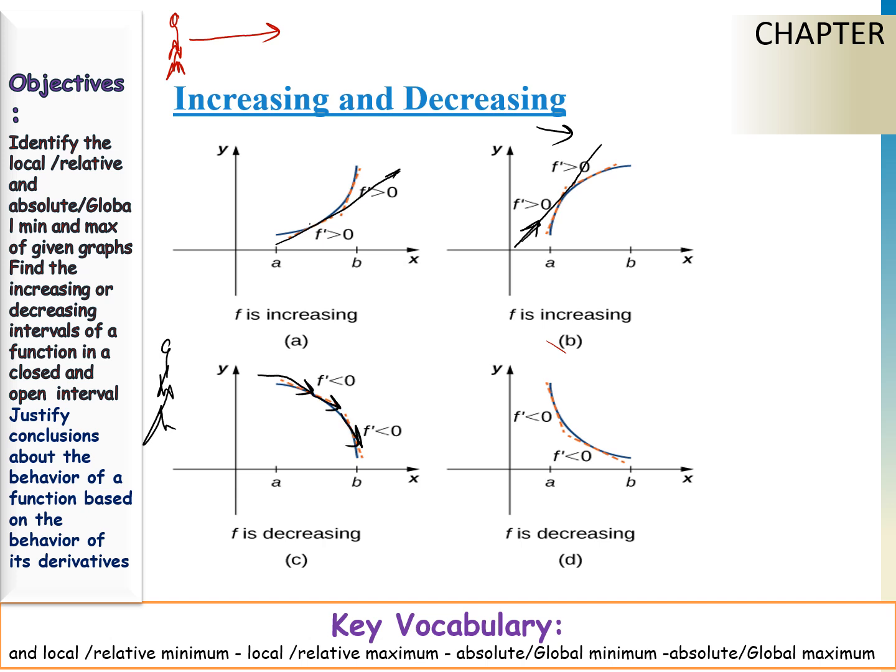In other words, if you make a tangent line anywhere on the graph, you will see there is a negative slope. So the function is increasing when the slope of the tangent line is greater than 0, or positive. If the slope of the tangent line is negative, it means the function is decreasing.